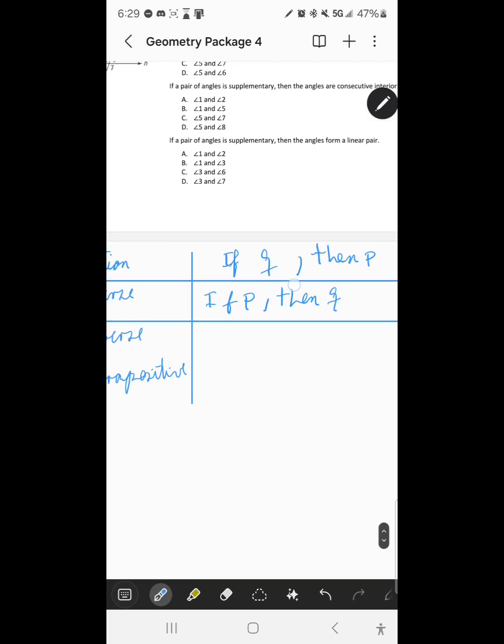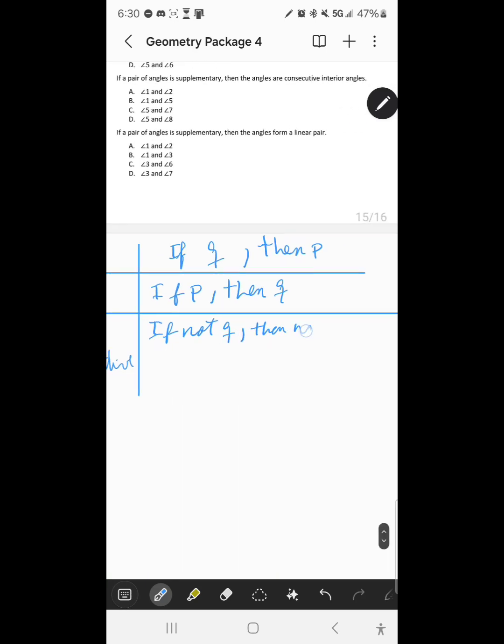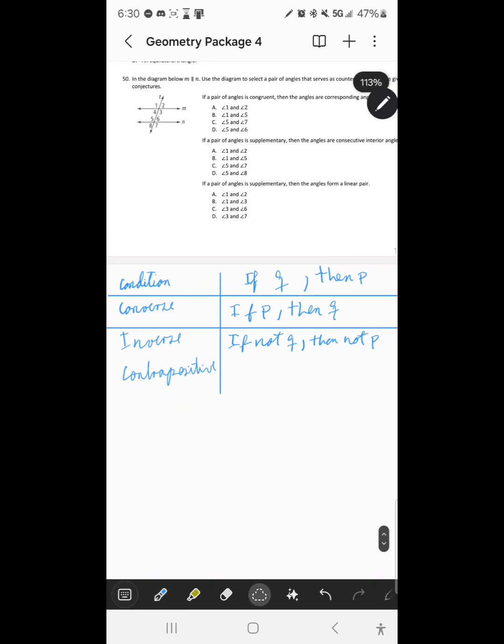Now the inverse is going to say: if not Q, then not P. So it's just saying no to whatever they are establishing.